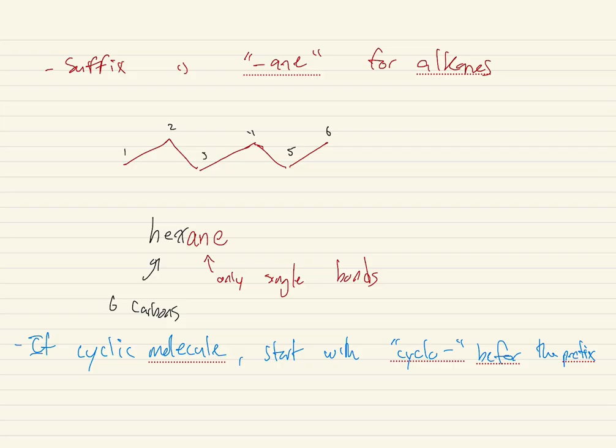So for example, if we have this molecule right here, how many carbons are in that molecule? 6, right? Because we count each bend or kink in the line, that represents a carbon atom. So we have 1, 2, 3, 4, 5, 6.